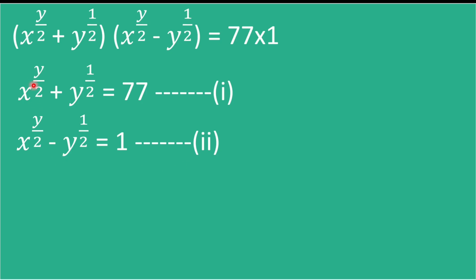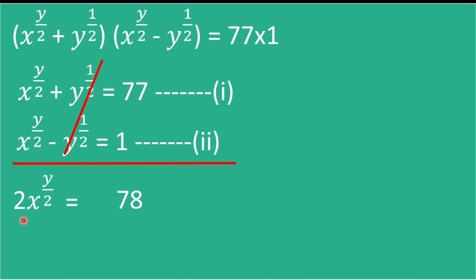Now we will add equation 1 and equation 2. So x^y divided by 2 and x^y divided by 2 will become 2 times x^y divided by 2, and because of this minus and plus, these two values will cancel each other, and here 77 plus 1 equals 78.